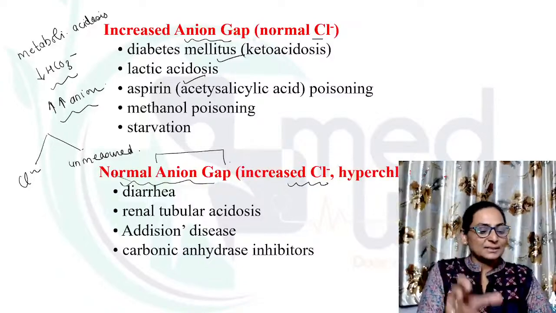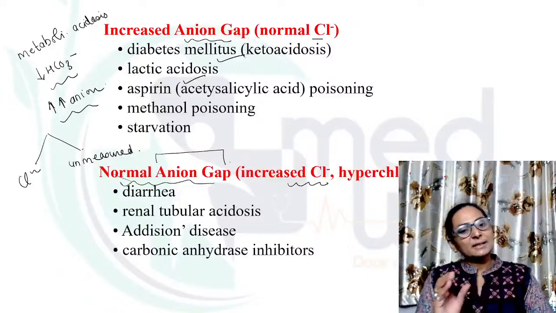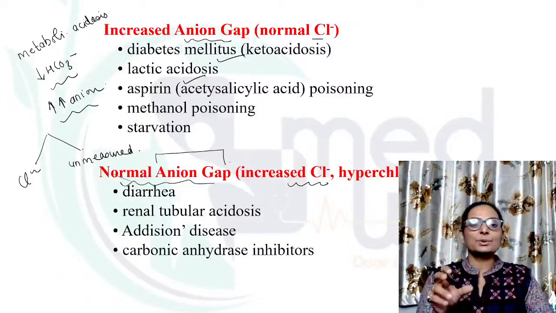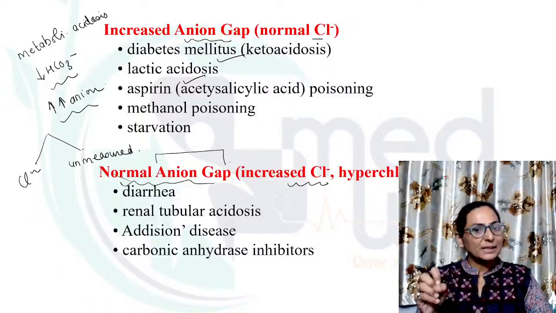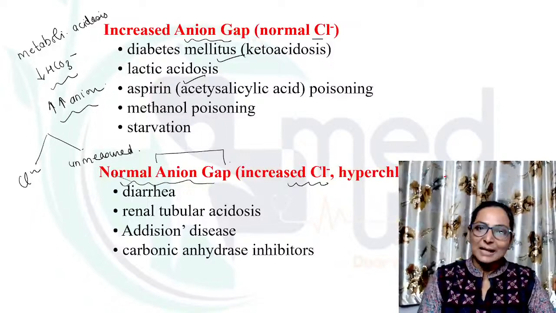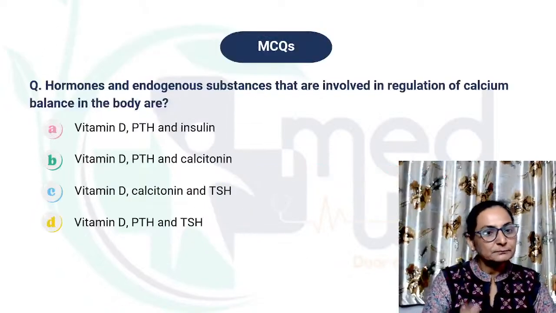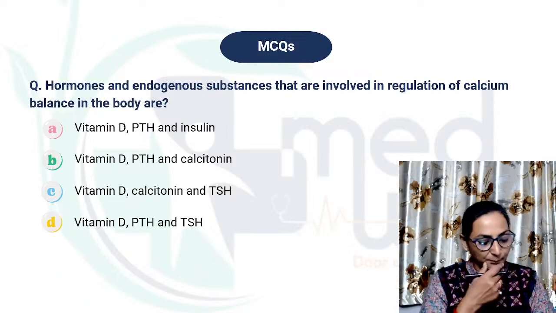So that results in an increase in the anion gap. Increase in the anion gap will occur whenever there is an increase in the unmeasured anions, and remember that this is only applicable to metabolic acidosis. There are 2 to 3 questions which have repeatedly come on this topic, so this topic is important.